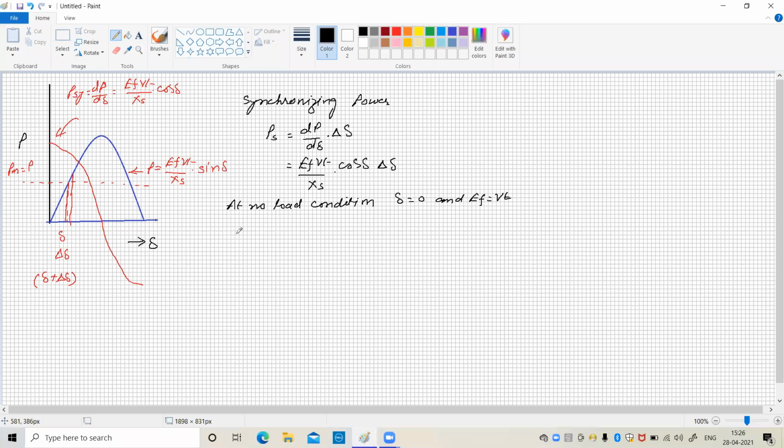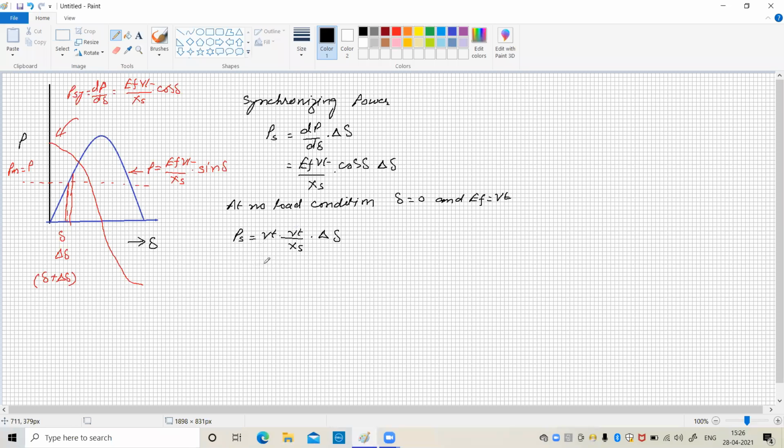So we can write synchronizing power PS is equal to EF, so instead of EF we will write directly Vt into Vt upon XS into delta del, because cos delta is equal to 1.